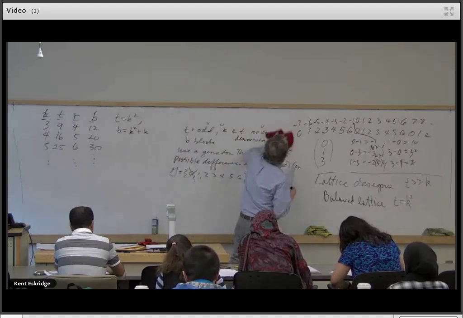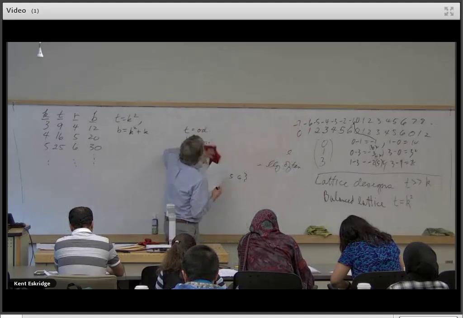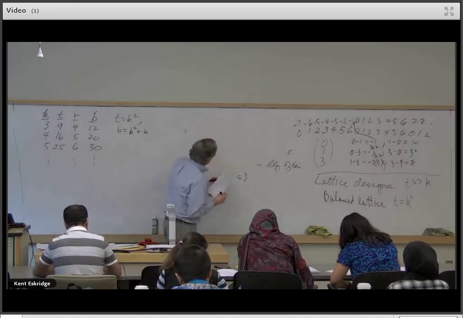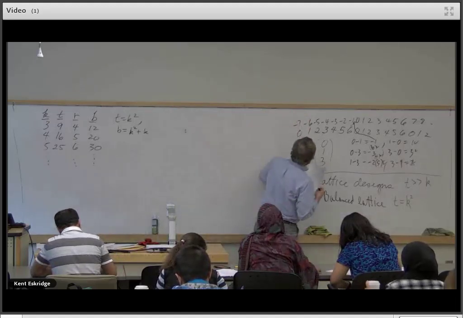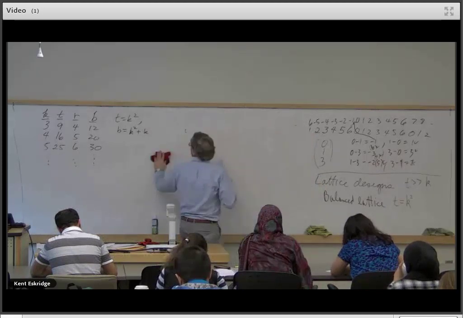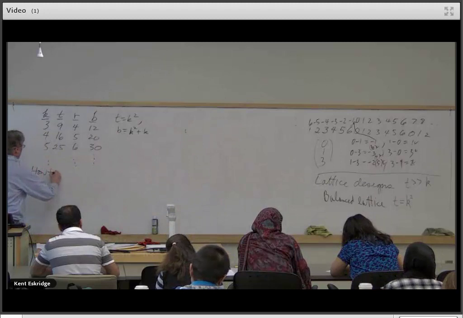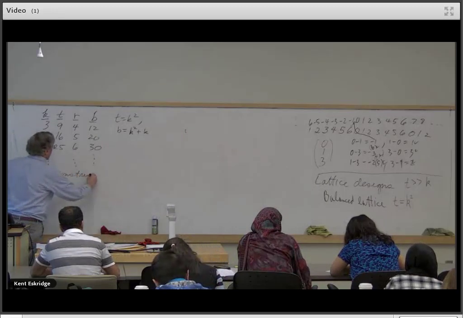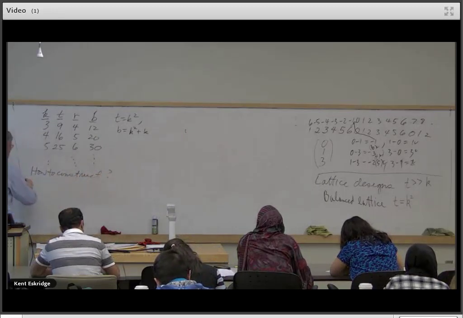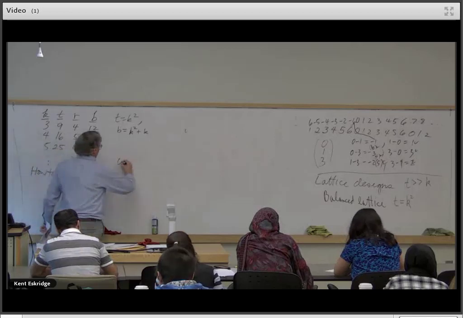Now, how to get these balanced lattices? How to construct them. We can use ideas from confounded factorials, very nice here.